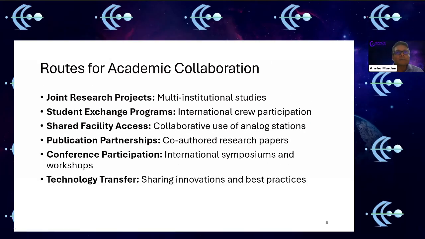Okay. Routes for academic collaboration. This is pretty much there for most types of collaborations in universities and research facilities. You have joint research projects, student exchange, shared facilities, publication partnerships, conference participation, and technology transfer, right? Maybe for OASEAS, which is happening now, we have to look into all these, right?